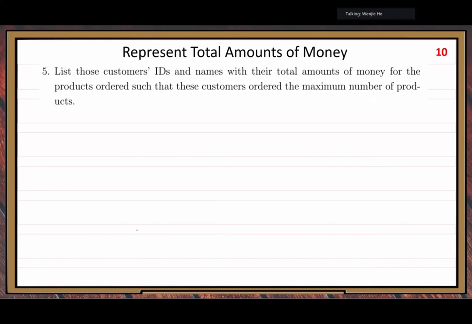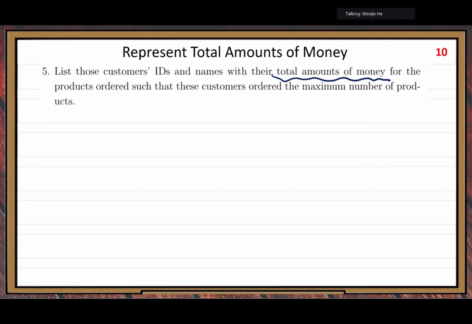With their total amounts of money. Here we need to represent total amounts of money for the products ordered. Here you need to consider the items, right? Because for each item, there is certain money associated with it.